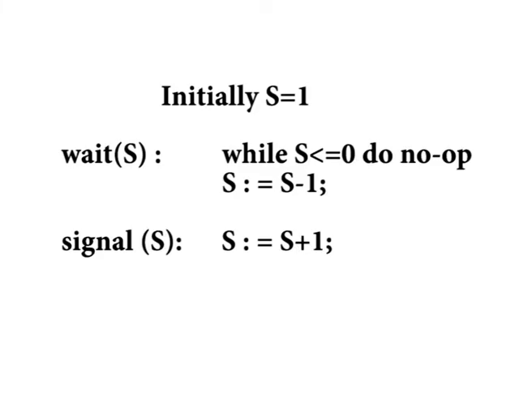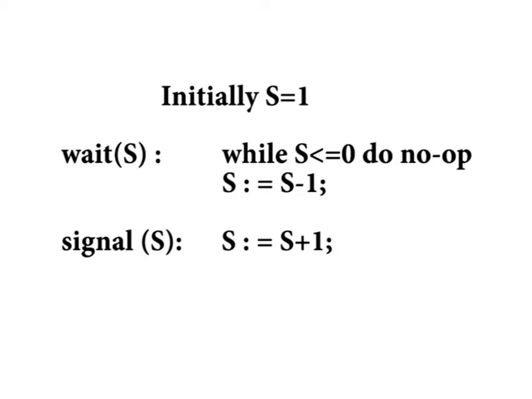Now if a process A wants to enter its critical section, it will have to execute the wait operation. Since the value of S is 1 and the condition becomes false, it allows process A to enter its critical section and the value of S is set to 0.